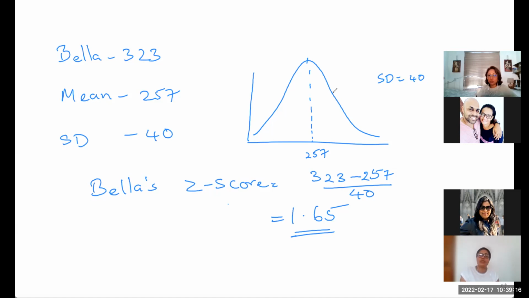So your score after one standard deviation is 257 plus 40, which is 297. This is your first standard deviation. The second standard deviation is 297 plus 40, which would be 337.